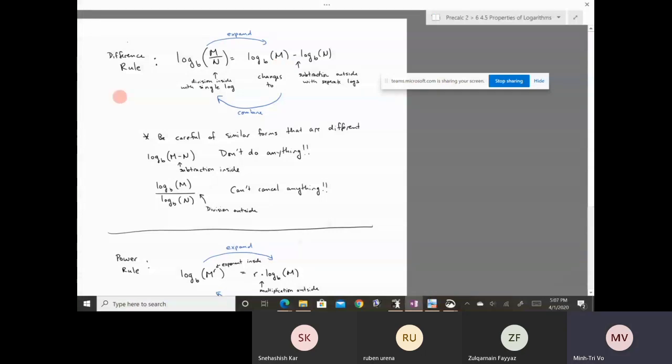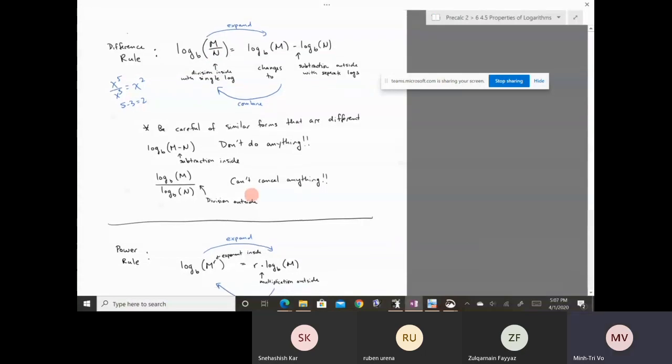So similar to how if you have x to the fifth over x cubed, then the rule here is to do 5 minus 3 to get 2, right? So this is the counterpart for logs, where it changes division to subtraction. Right? So if you have division inside this log, then it expands to subtraction, or you can take subtraction and then combine it using division. So that's the difference rule.